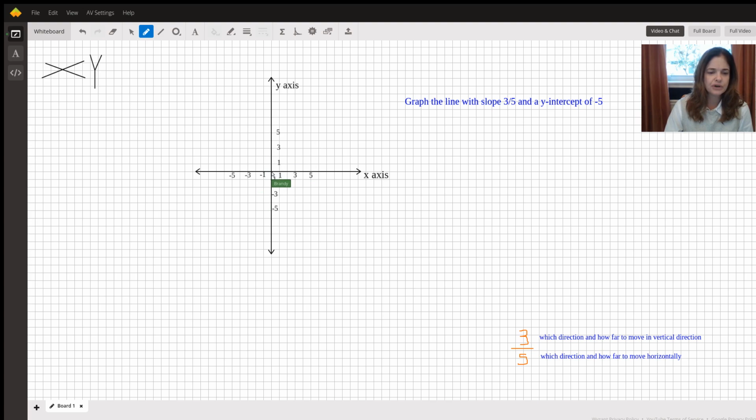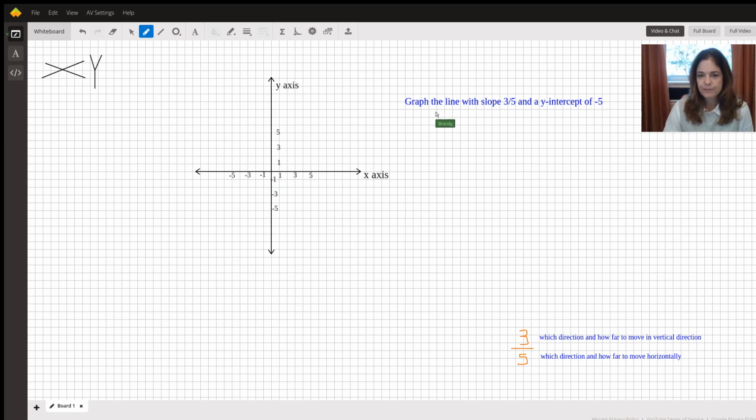In order to go to the right, you step positive numbers along the x-axis. In order to move to the left, it's negative numbers along the x-axis. To move up, positive numbers. To move down, negative numbers. Okay, so we have our bearings.